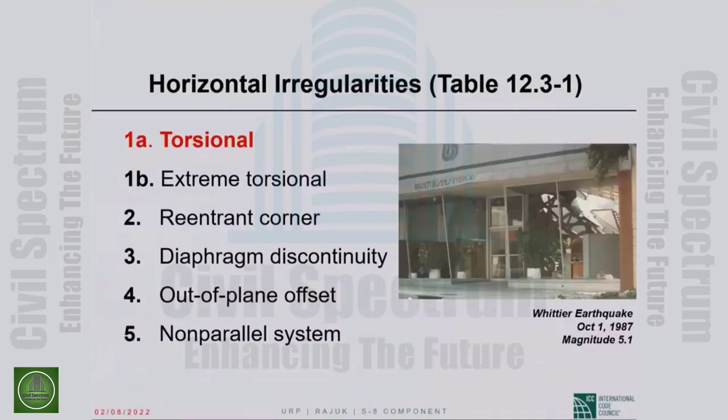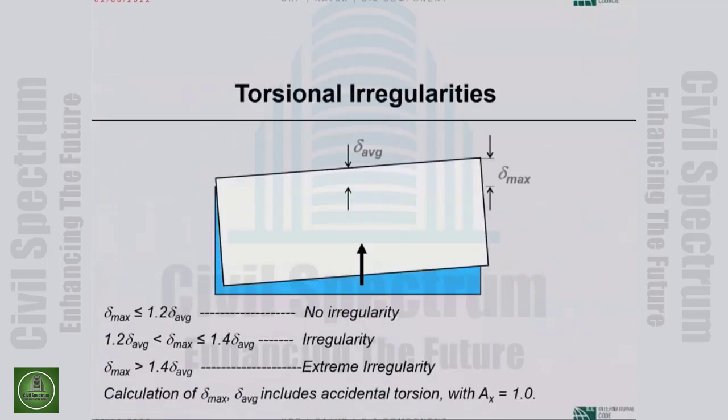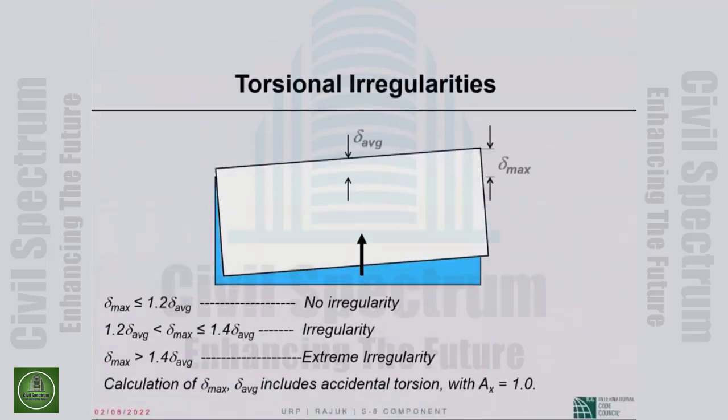So we will start with the very first type, 1A, torsional irregularity, and look at the definition and also what ASCE 7 requires us to do when we have torsional irregularity. So, definition. This is the undeformed structure.